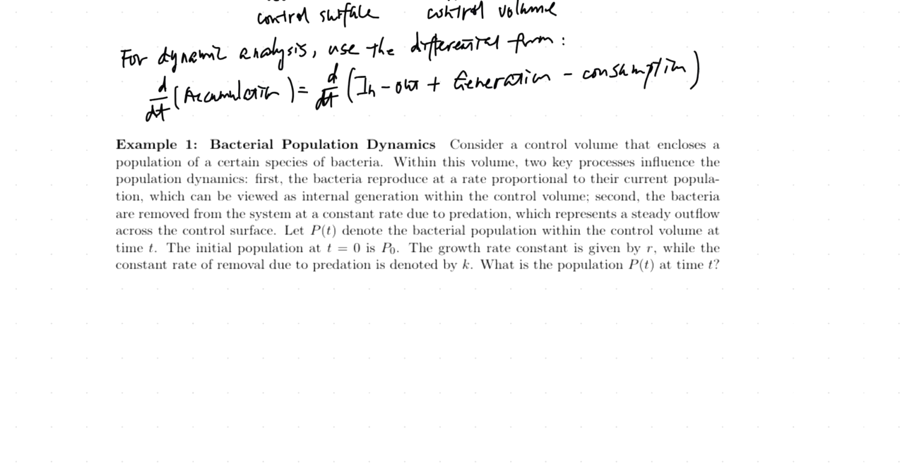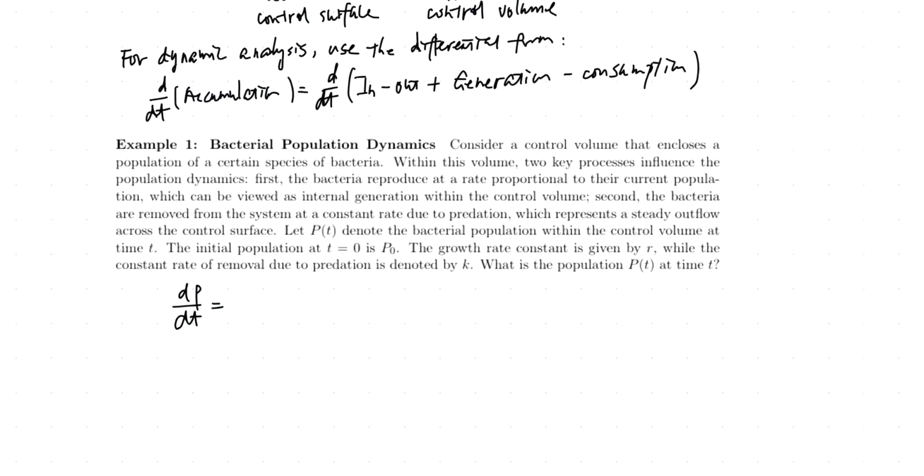So on the left-hand side, we have dp/dt. On the right-hand side, there are the contributions. The in and out terms refer to the bacteria which go across the control volume surface, the control surface.